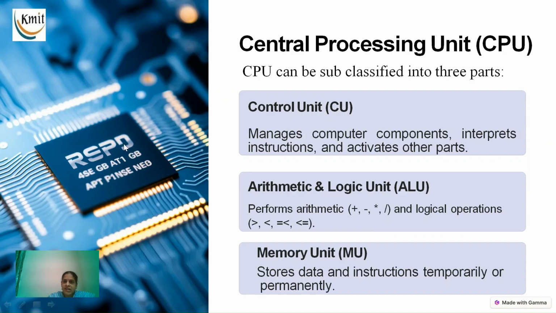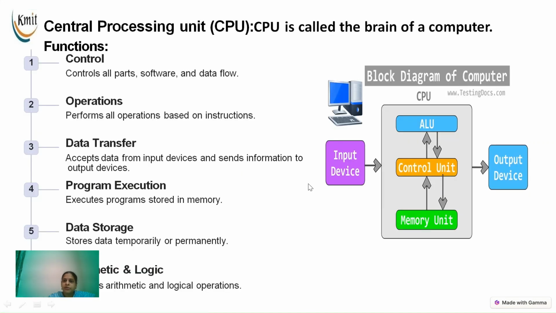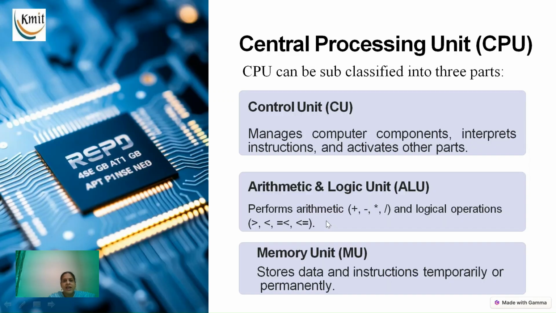The CPU is again classified into three parts: the arithmetic logic unit or ALU, the control unit, and the memory unit. As a control unit, it manages the computer components, interprets the instructions, and activates the other parts.